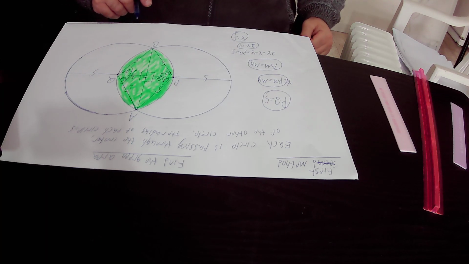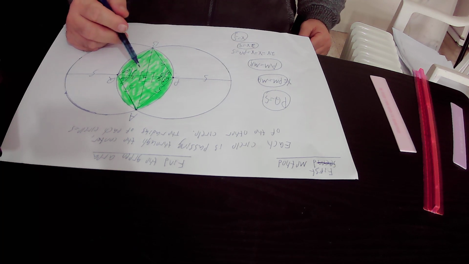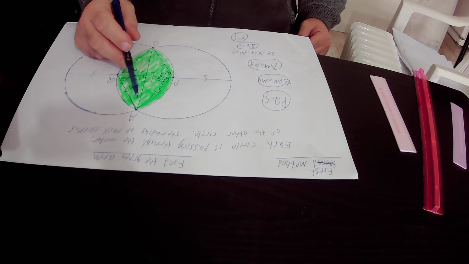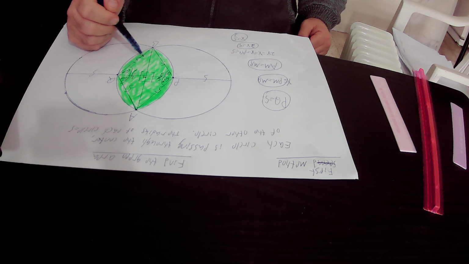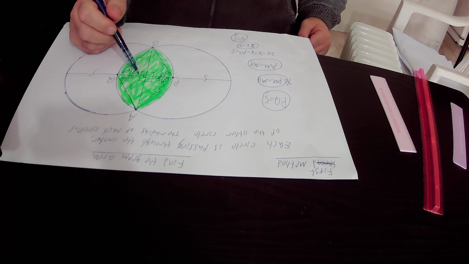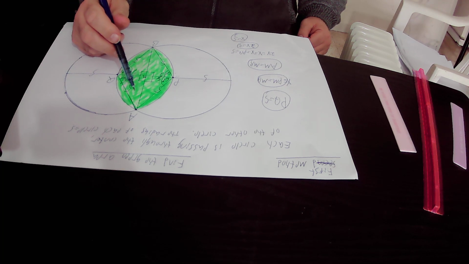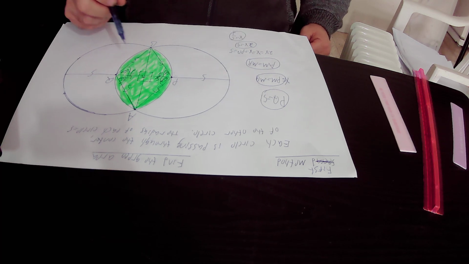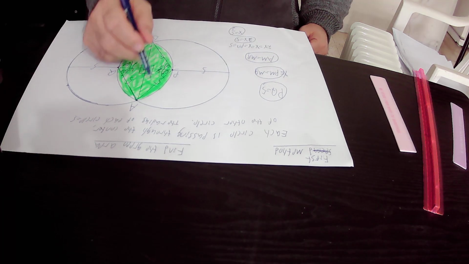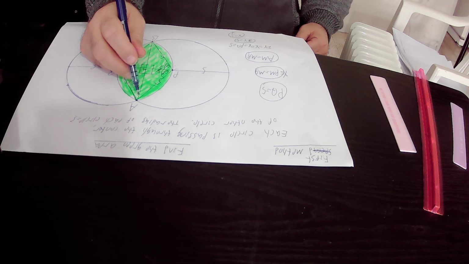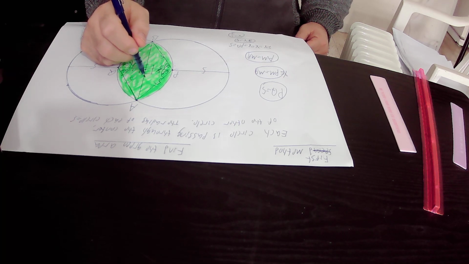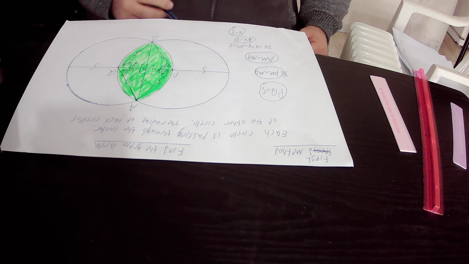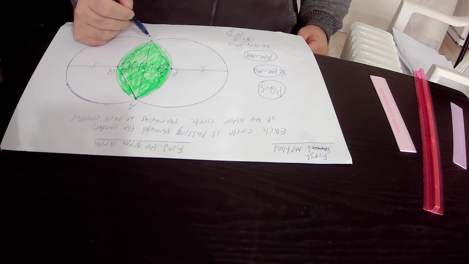So here we'll find the base AB of triangle AQB. We will multiply it by the height MQ, divide it by 2 and we'll get the area of triangle AQB. So we'll define AM to be equal to H, and we know that AM equals MB.